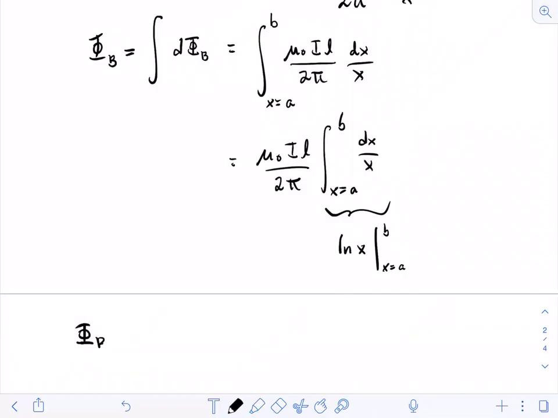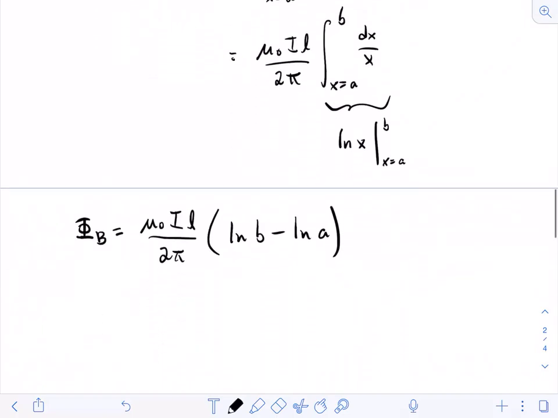And so the magnetic flux is equal to mu naught I L over 2 pi, and then we'd have ln of b minus ln of a when we evaluate between our two limits. But remember the property of lns. The ln of b minus the ln of a is equivalent to the ln of b divided by a.